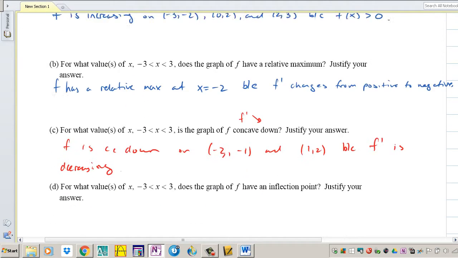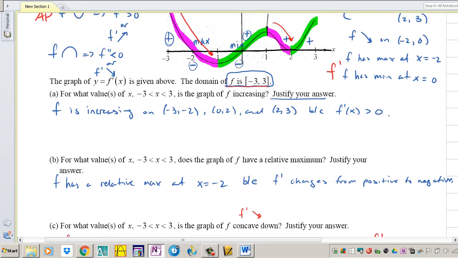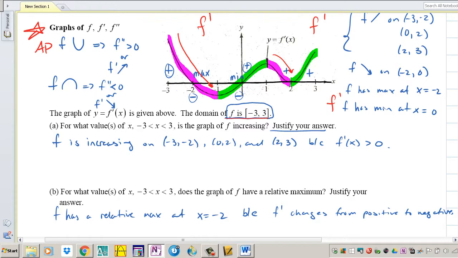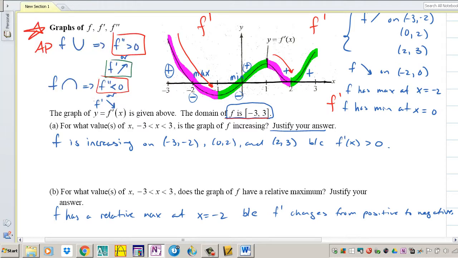Now let's go ahead and take a look at part D. For what values of x from -3 to 3 does the graph of f have a point of inflection? Well, an inflection point occurs when the second derivative changes sign. So when the second derivative changes sign means when the graph of f prime goes from increasing to decreasing, or from decreasing to increasing.